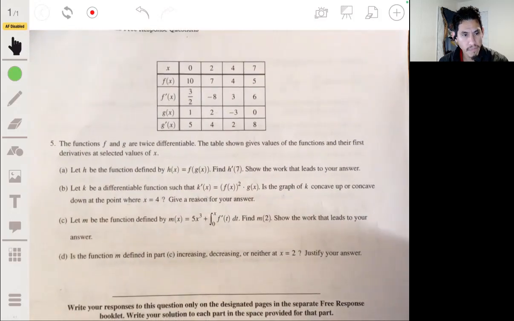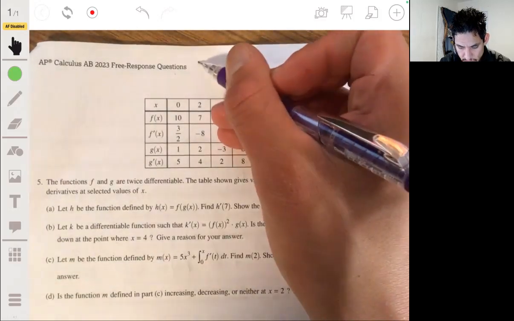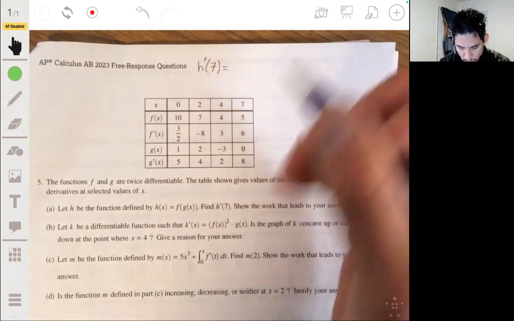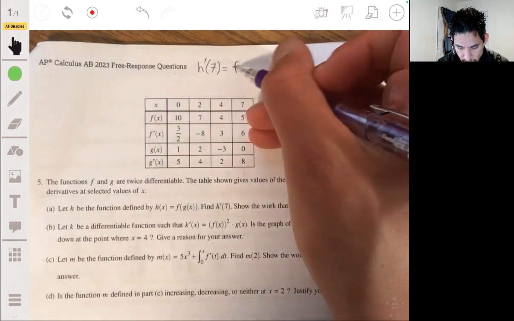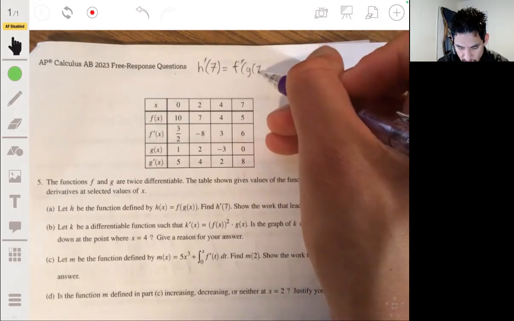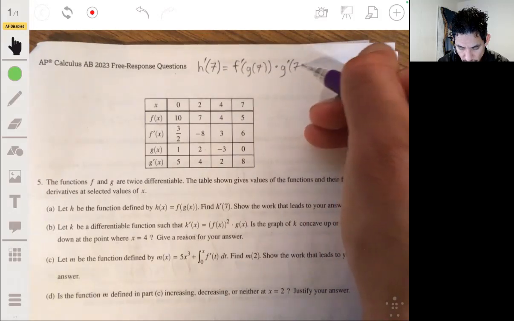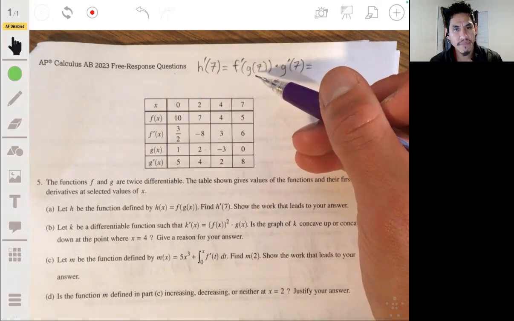Okay, so let me try to do this up here. So h prime of 7 will be equal, remember this is going to be chain rule, so this will be equal to f prime of g of 7 times the derivative of g of 7. So the derivative of the inside.